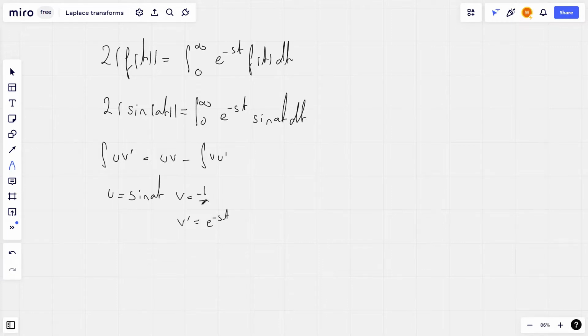v is equal to minus 1 over s of e to the minus st, and we get that u prime is equal to a cos of at.